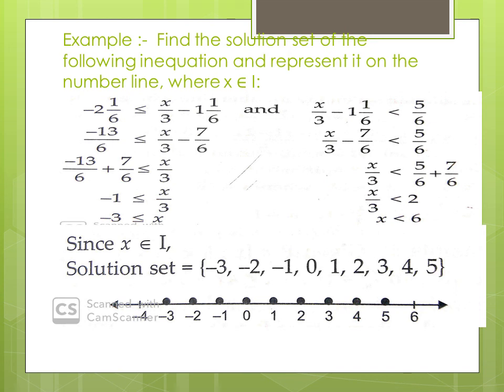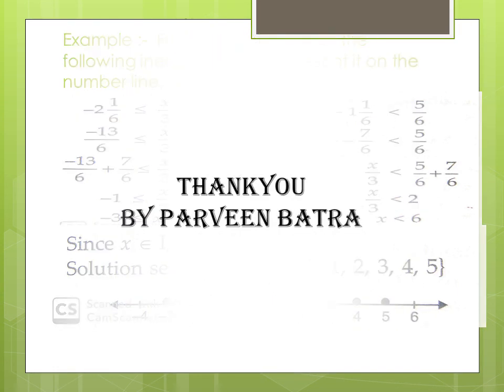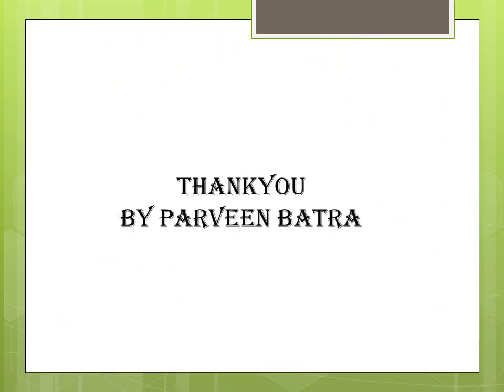We cannot take 6 because x is less than 6. All these numbers we represent on the number line because x belongs to integers, so no need to draw the entire line. We just place dots on the given solution set. So this is how we solve. Understood this? It's quite easy to understand and score well in your exams. Thank you very much.